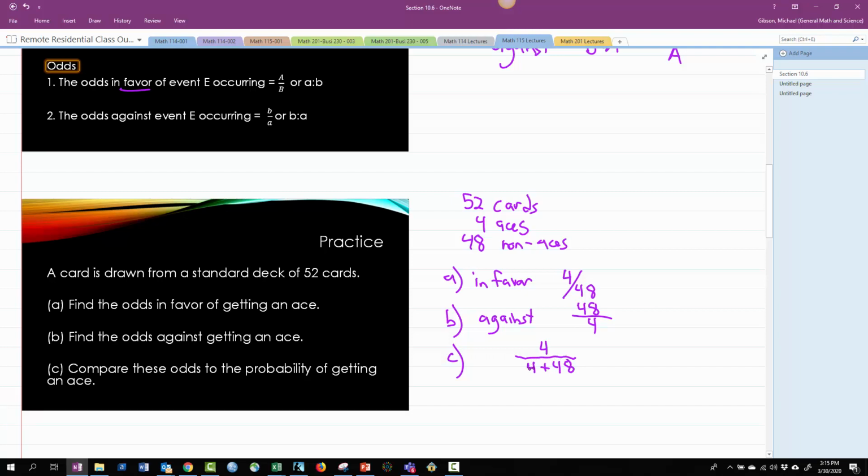Over both, the number of ways to get an ace plus the number of ways to get something else is 4 over 52, and then that reduces to 1 over 13. Okay? Odds in favor, 4 ways to win compared to 48 ways to lose. Odds against, 48 ways to lose, 4 ways to win.